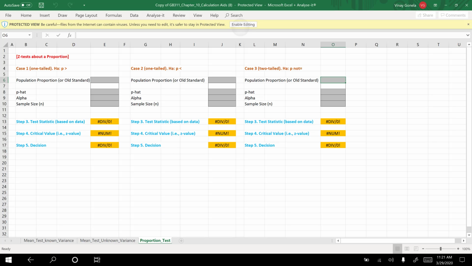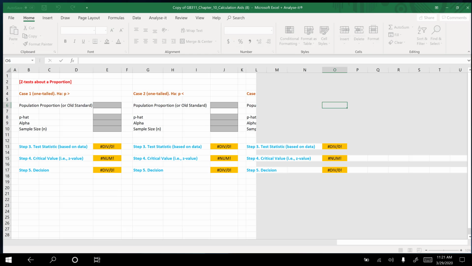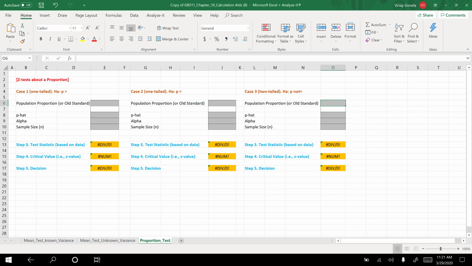So do enable editing. Now our problem is a proportion problem, so I am in the right sheet, which is the proportion test, and now I have three cases. One tail where the alternative proportion is greater than, case 2 where the alternative hypothesis is p less than, and the alternative proportion p not equal to.